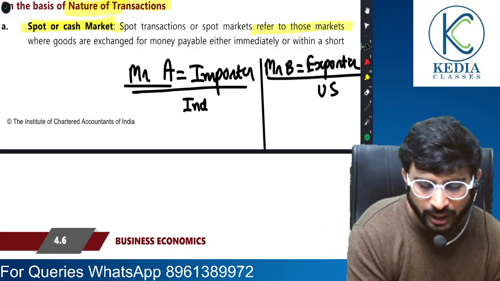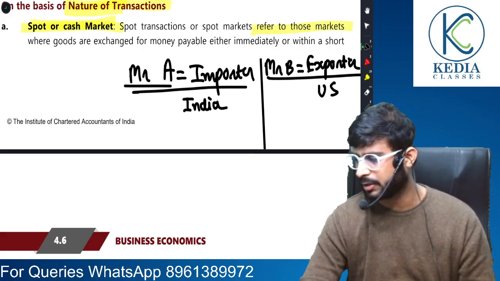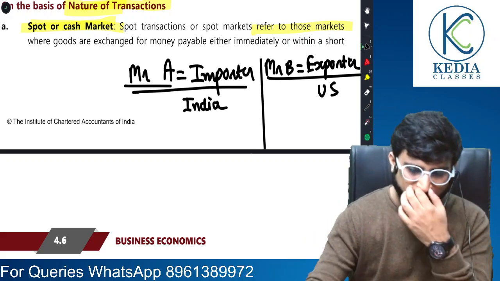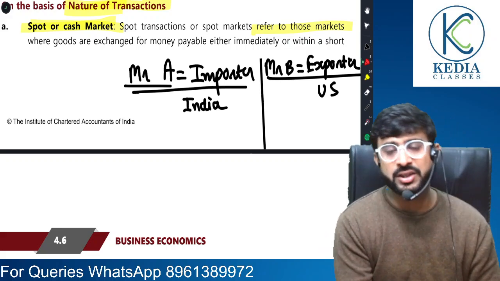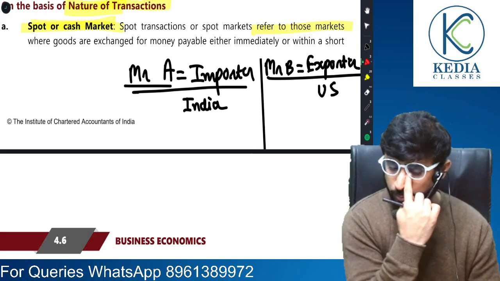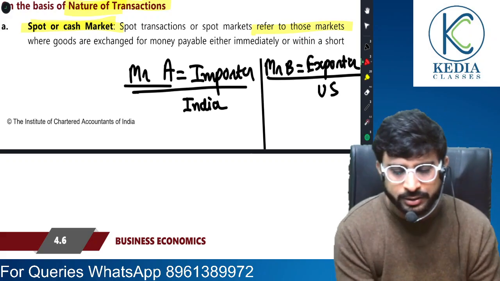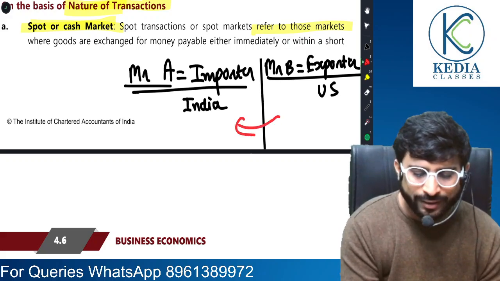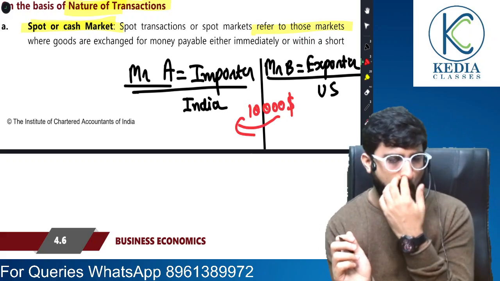Mr. A lives in India. Now what happens, everyone? Pay attention, everybody. The person in the US is exporting goods. Let's say a decision has been made that goods worth $10,000 are being traded. Okay, simple.